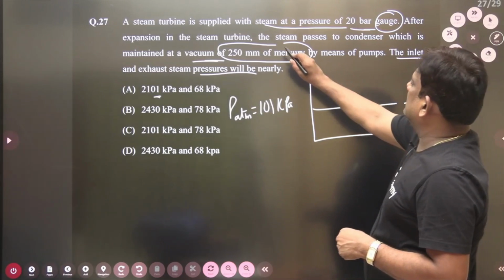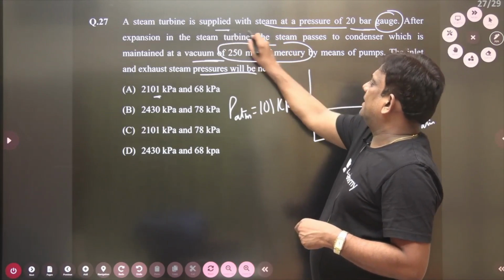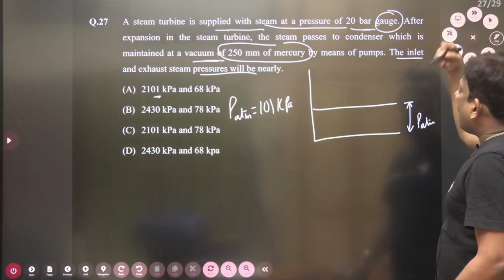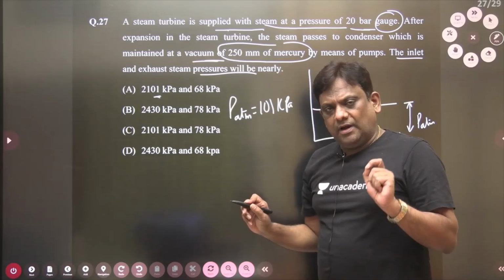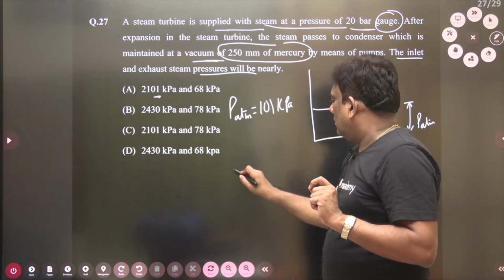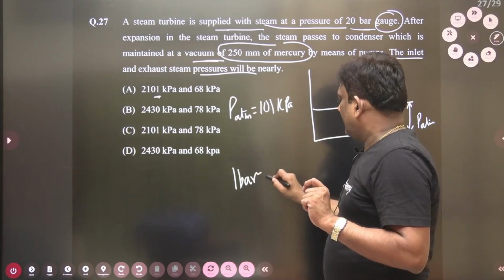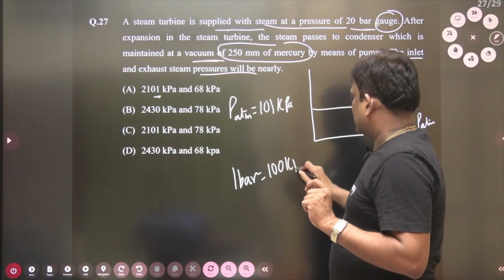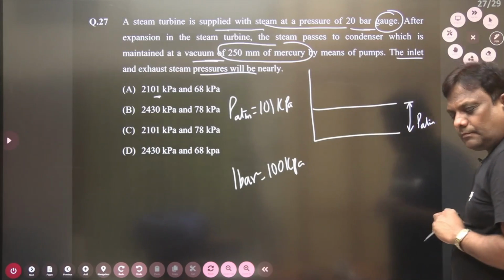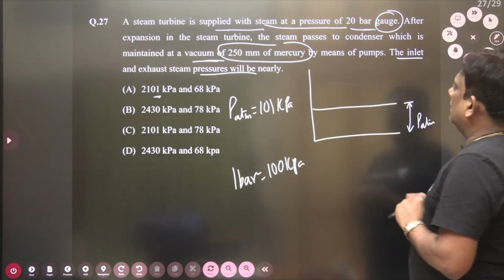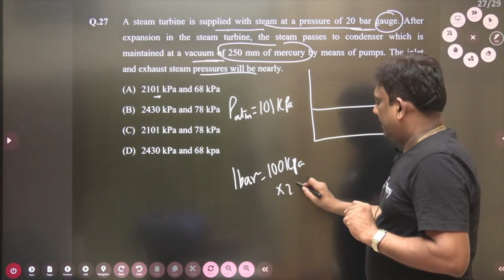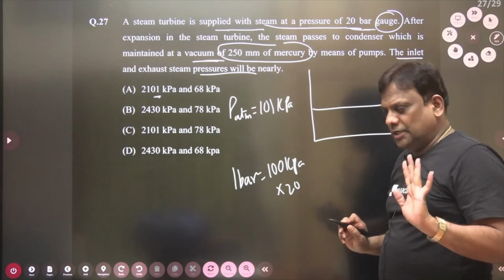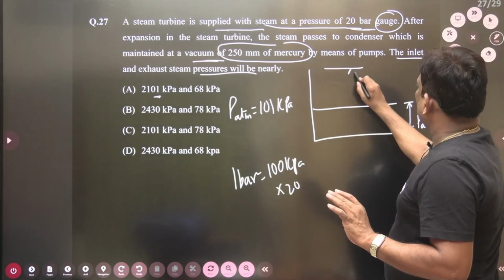And what is the steam pressure the turbine is supplied with? Oh, 20 bar gauge. Can I write 1 bar is 100 kilopascal? Okay, fine. Now this is 20 bar, so multiply with 20, so how much will it be? 2000. So it is 2000.